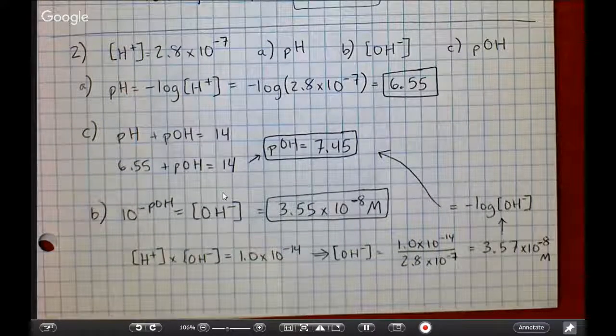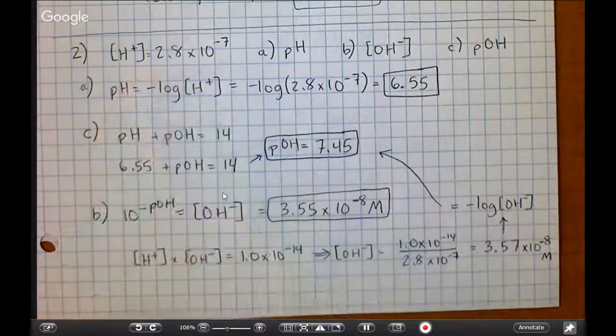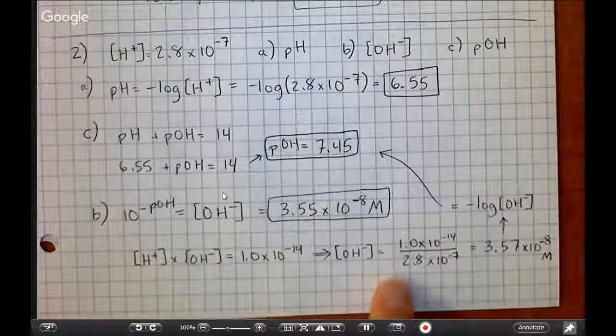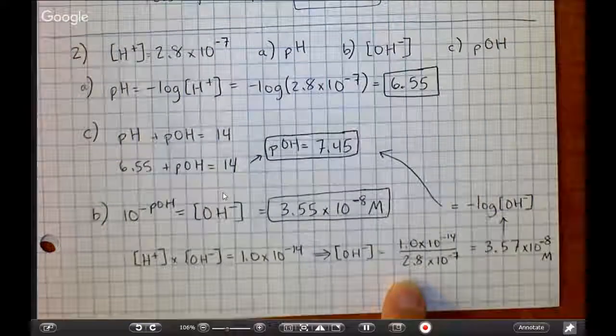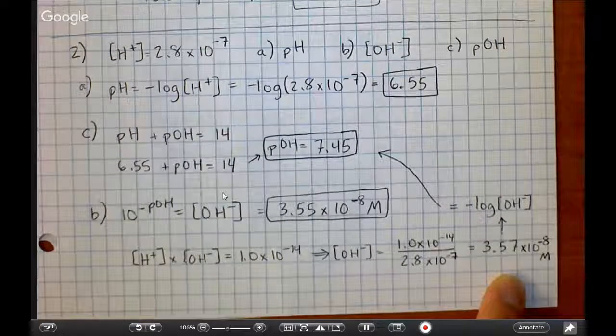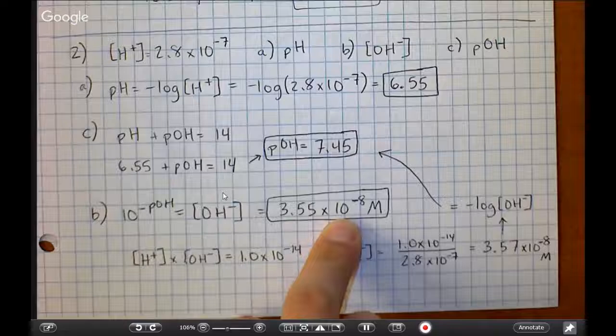But if you decided to find hydroxide first, you were given the H plus concentration, so divide 10 to the minus 14 by that H plus concentration, and that gets you 3.57 times 10 to the minus 8 molar, which is effectively the same as what you found already.